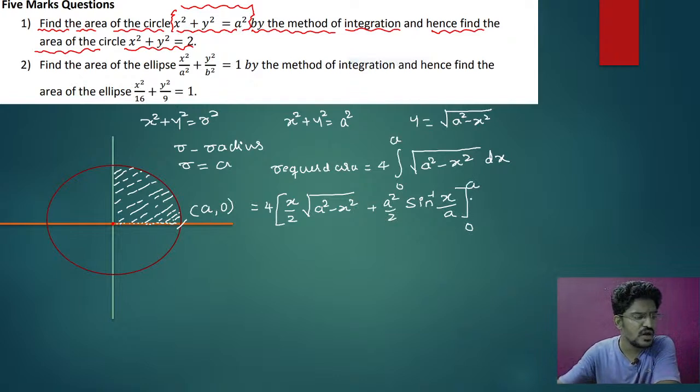Lower limit is 0, upper limit is a. You have to make yourself perfect with this formula. Please remember, you have to make yourself perfect with this formula. Are you getting my point?